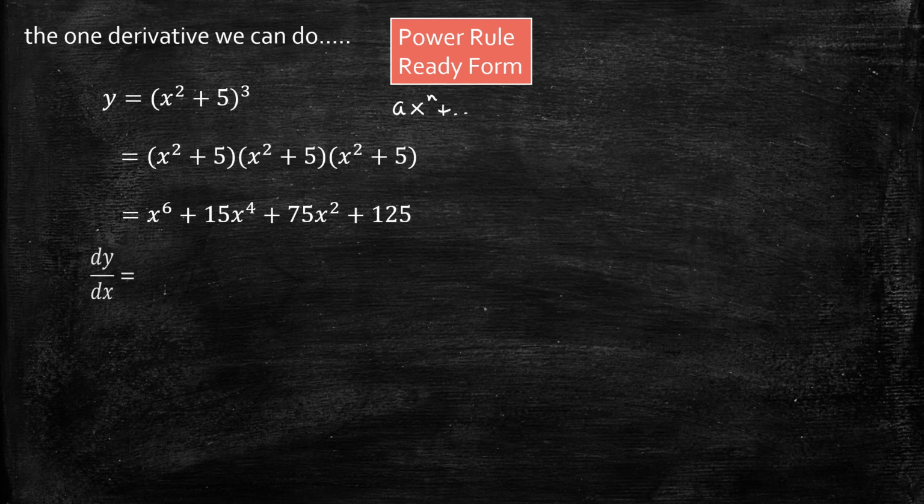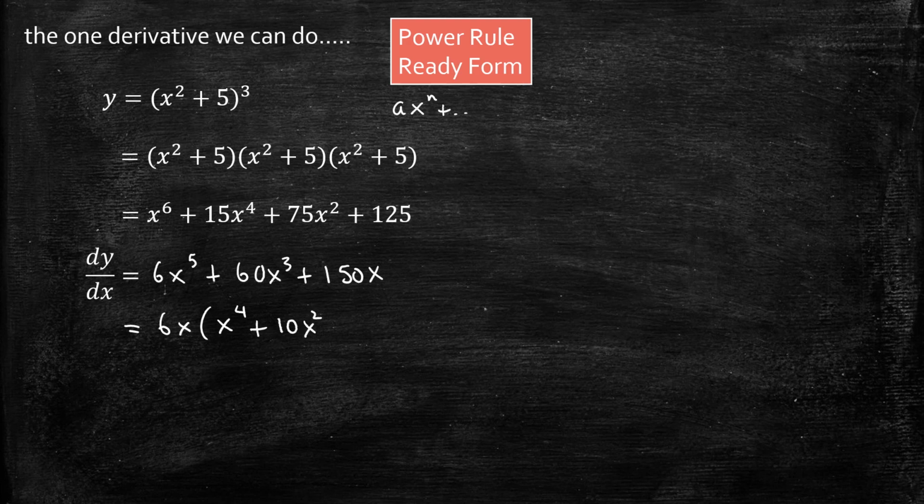So for the derivative, we can now apply the power rule to each term. So that's 6x to the 5th plus 60x cubed plus 150x, and the derivative of the constant 125 is 0. And now let's factor out what we can. So 6x comes out of there, x to the 4th plus 10x squared.